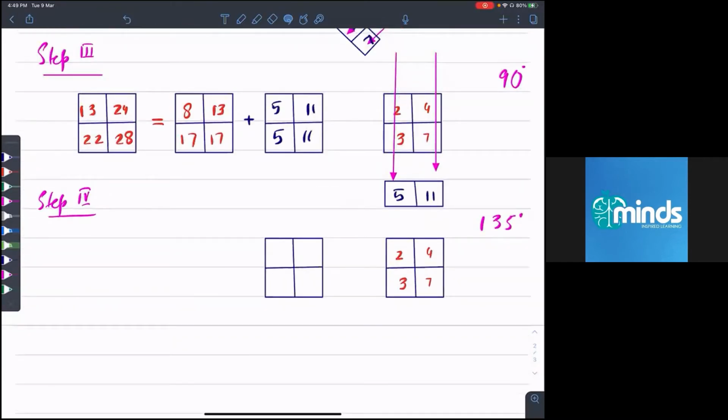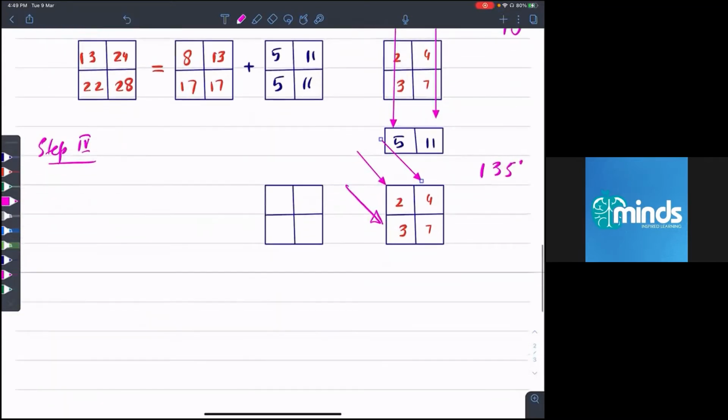Now we will be using 135. So 135 means like this: 1, 2, and 3. So if I'm doing so, I will get this information.